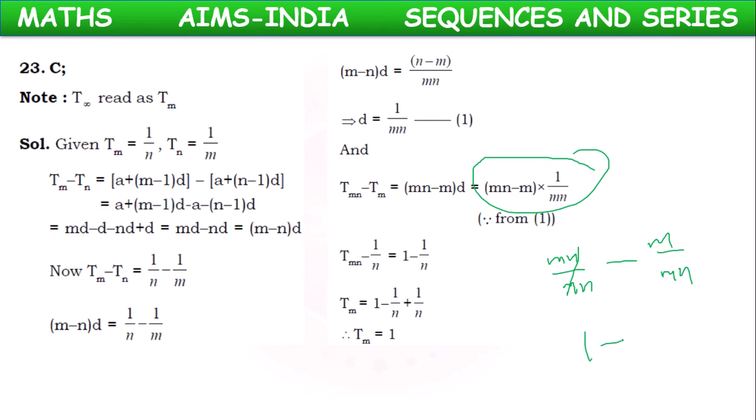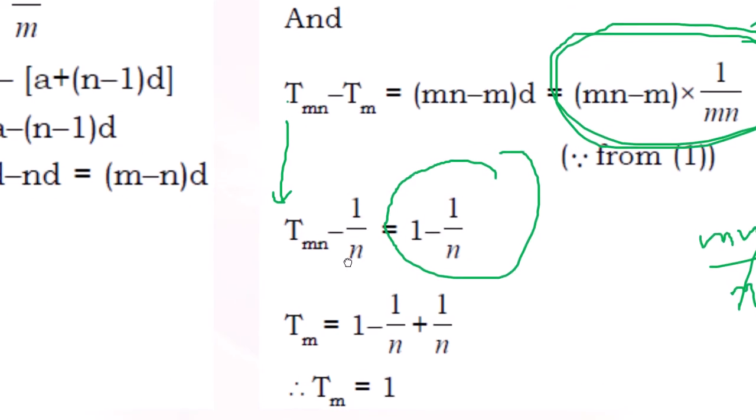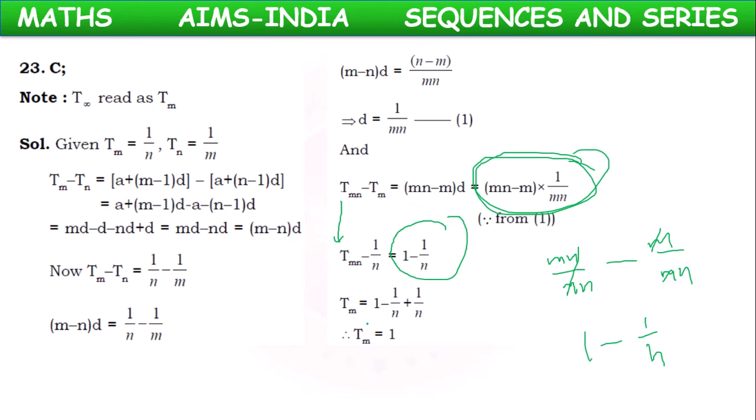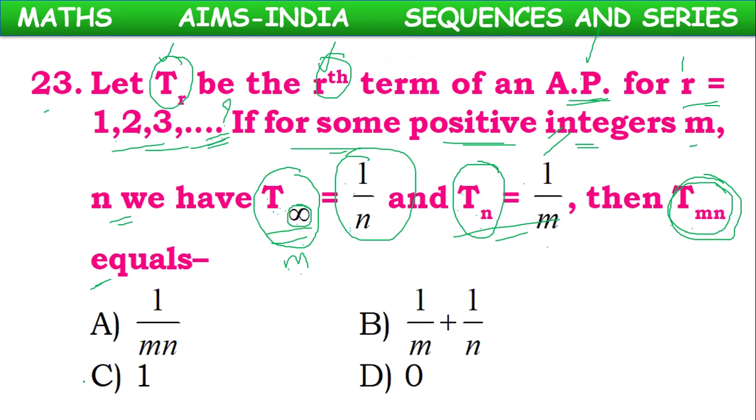The m cancels, and we get 1 minus 1 by n. And Tmn, let's take as it is. And the Tm value is 1 by n. So this 1 by n goes to the right hand side: Tmn equals 1 minus 1 by n plus 1 by n. The 1 by n gets cancelled. Tmn equals 1. So option C is correct.